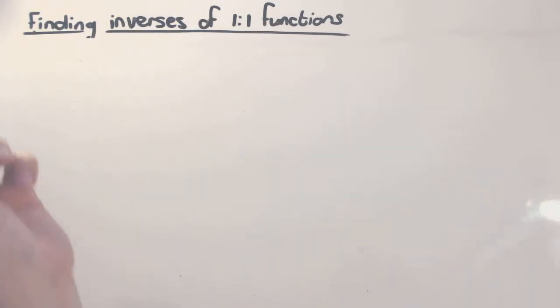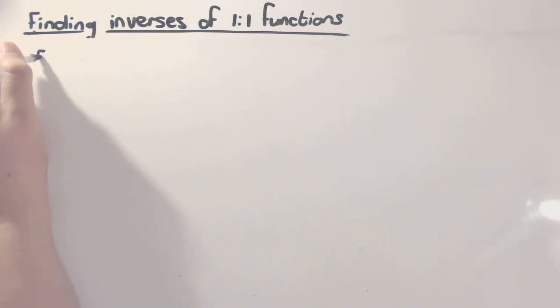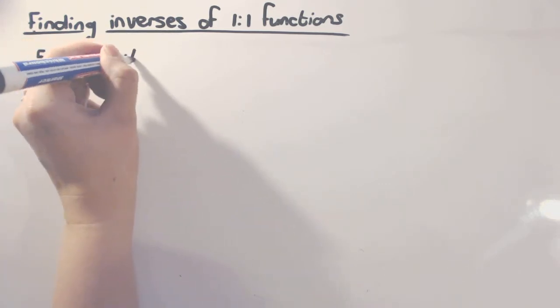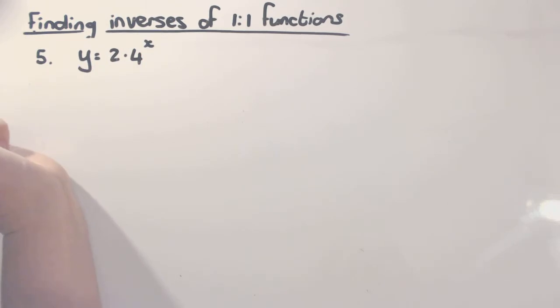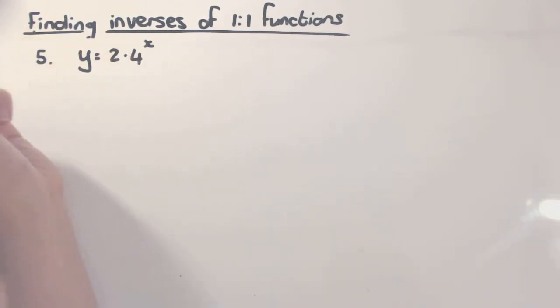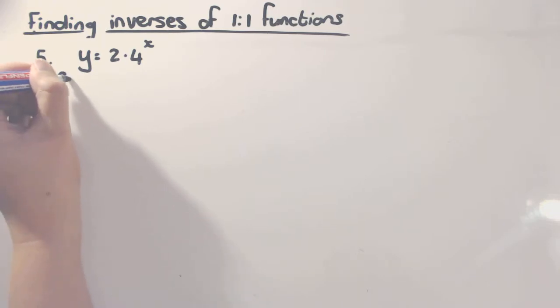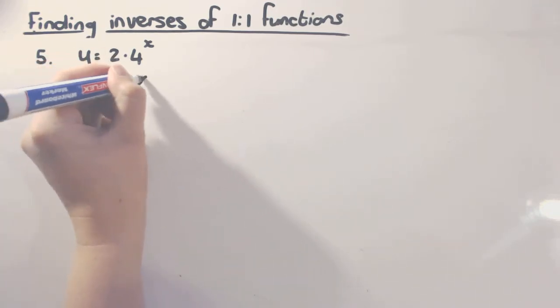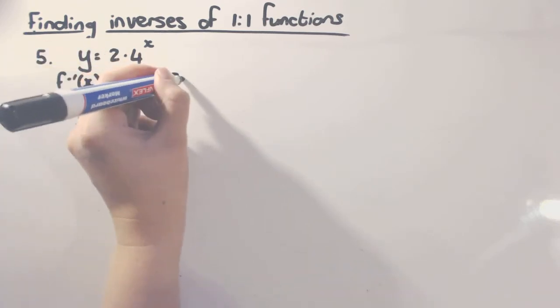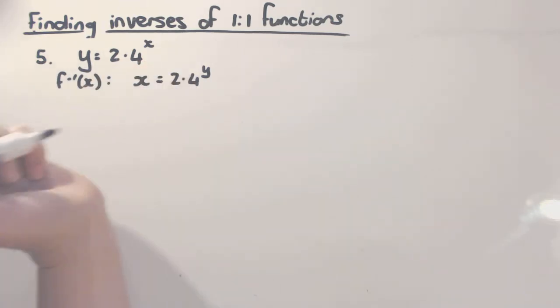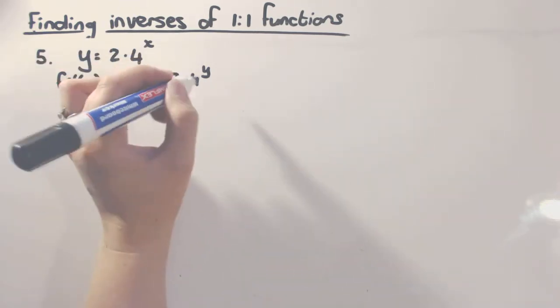Let's quickly look at the exponential function and the log function. So say for instance I've got y is 2 times 4 to the power of x, like that. Very simple exponential function. If I want to find the inverse of this function, yet again I just swap the x and the y value, and then I must get y alone.